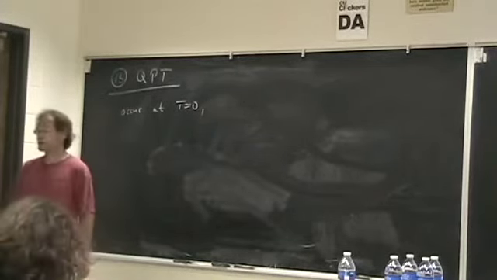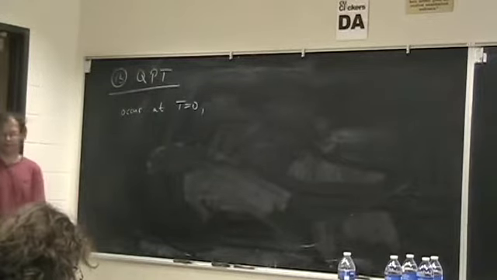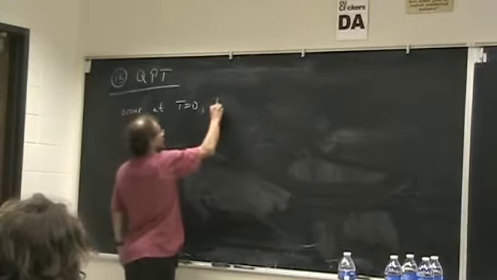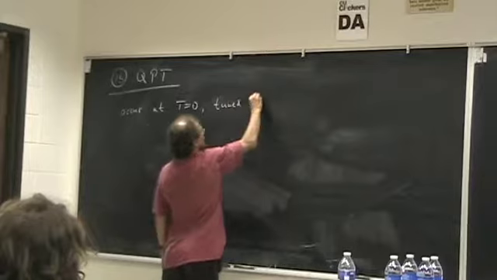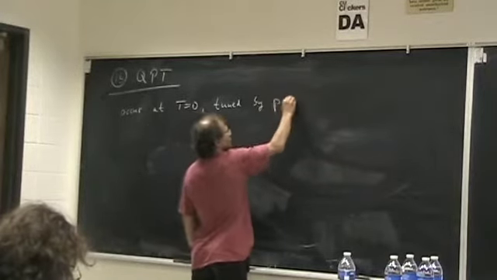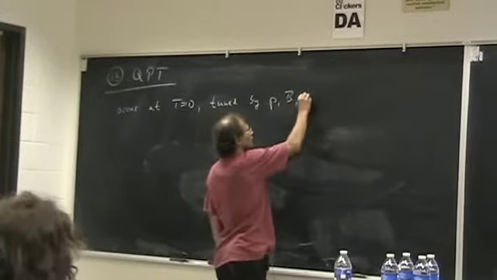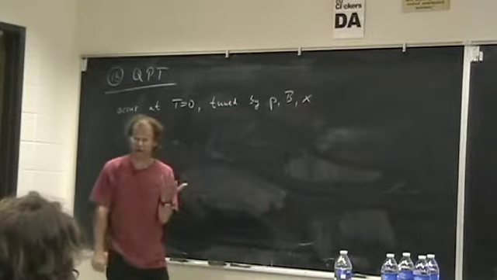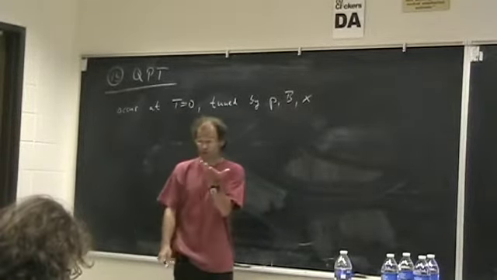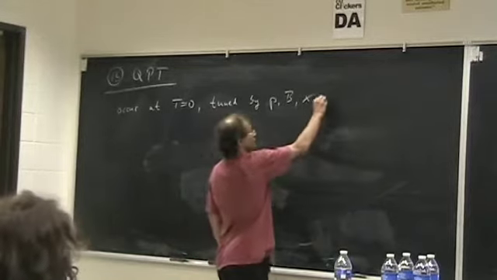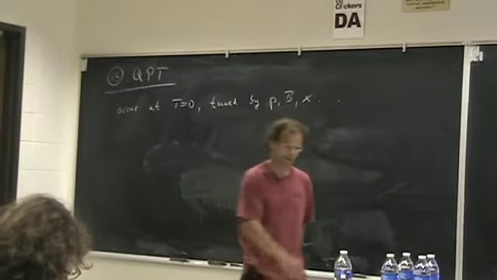And the tuning parameter is some non-thermal parameter, right? So as I said, pressure or magnetic field or chemical composition in an alloy, disorder, as you will see, or some other non-thermal parameter. Okay.